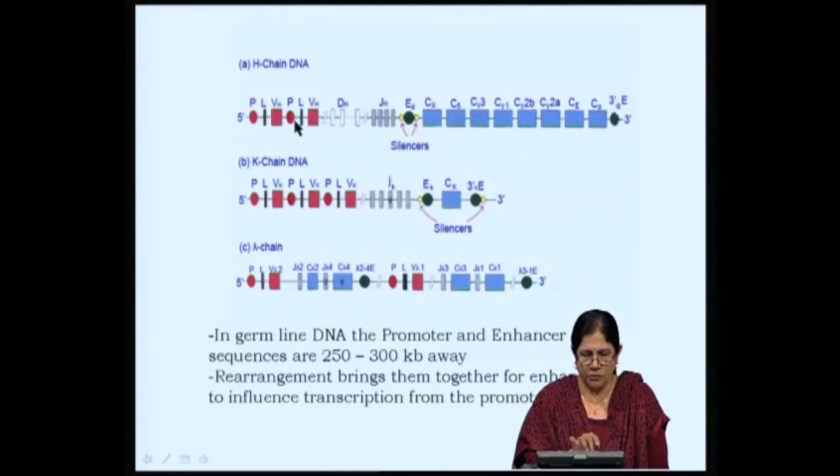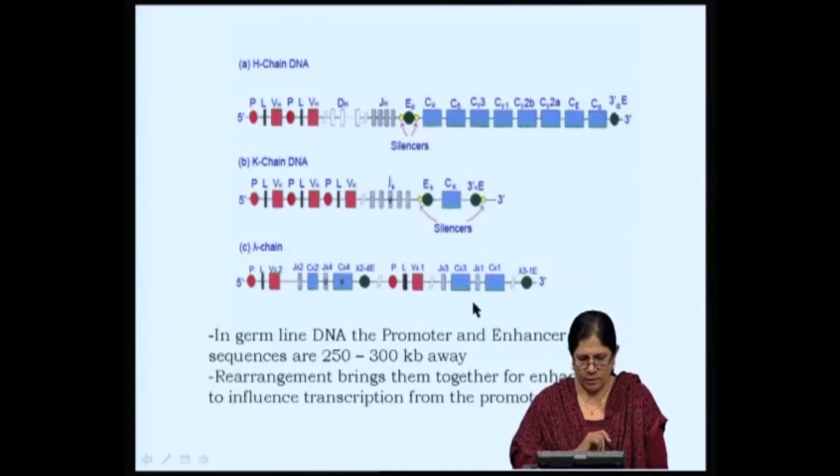So you can see the presence of a promoter on every variable gene segment, which is a part of the variable domain of the immunoglobulin gene, not only in the heavy chain but also in the light chain. Now, there are enhancers which are on the 5 prime side of the constant domain, also in the kappa and the lambda light chain.